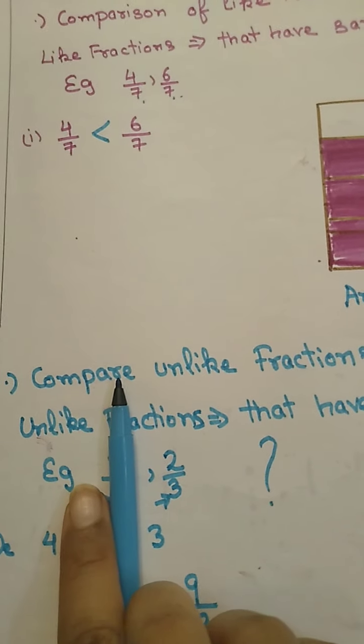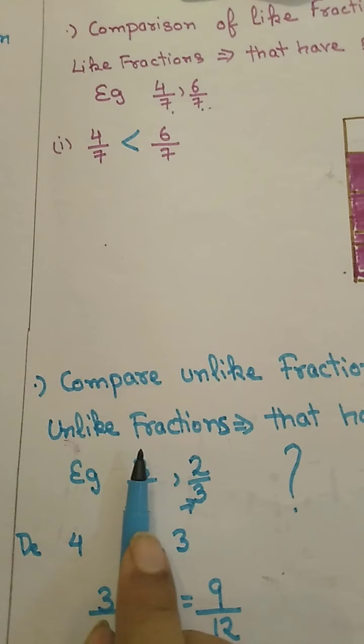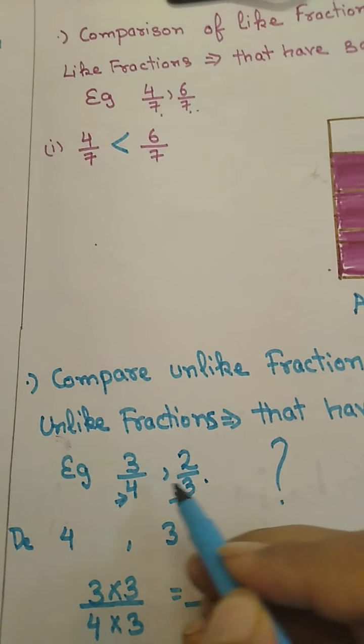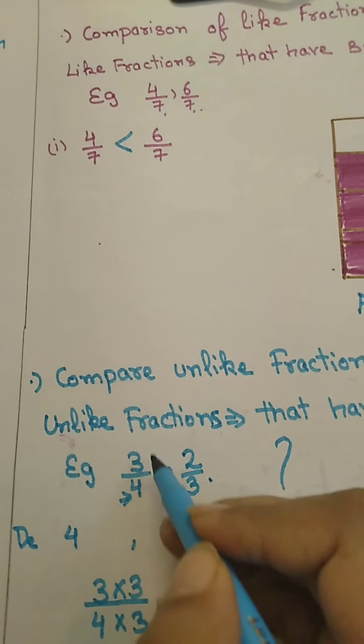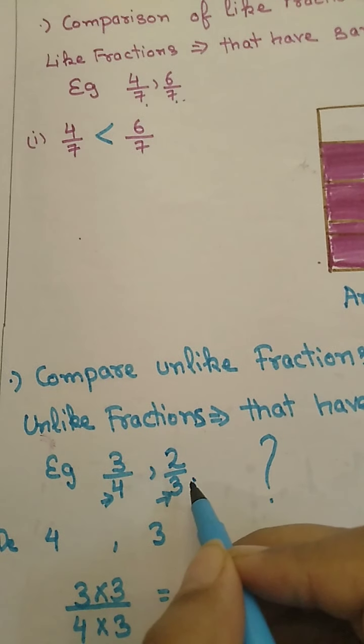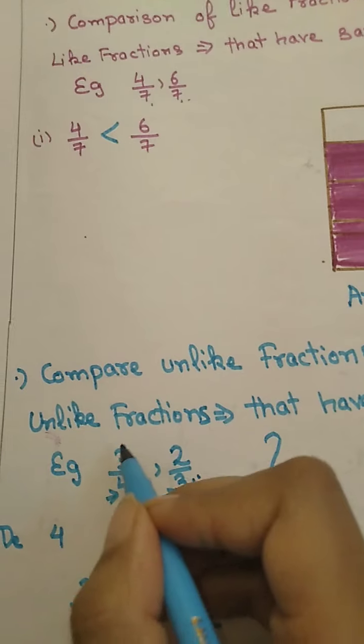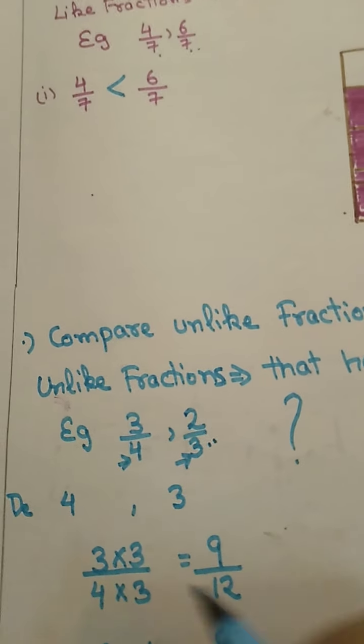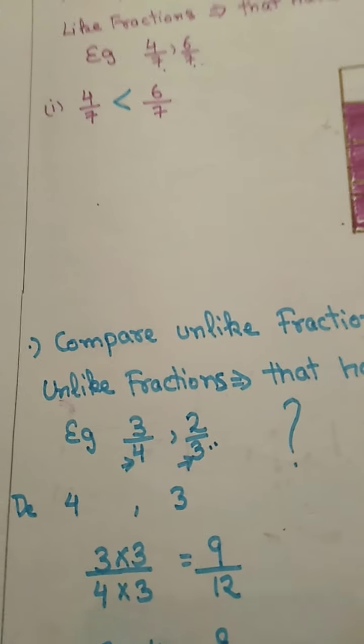Here, if we multiply the denominator of that fraction to this fraction. So here the denominator of this fraction is 3. If I multiply this fraction by 3, remember we need to multiply with numerator also.